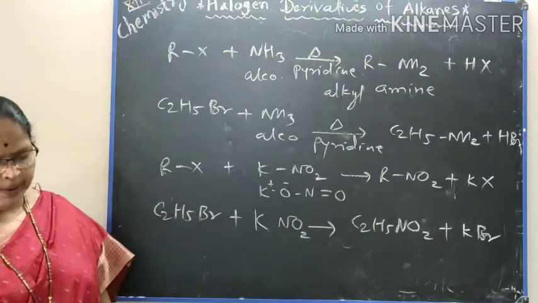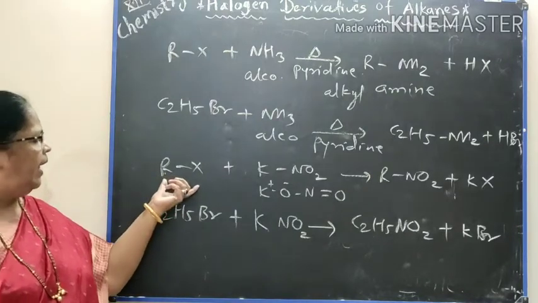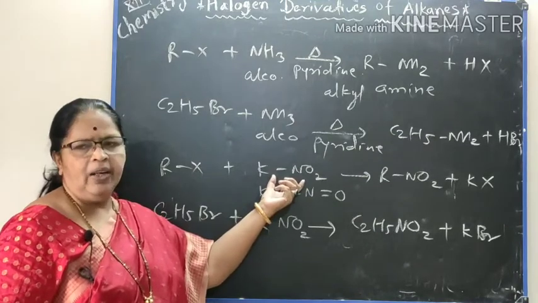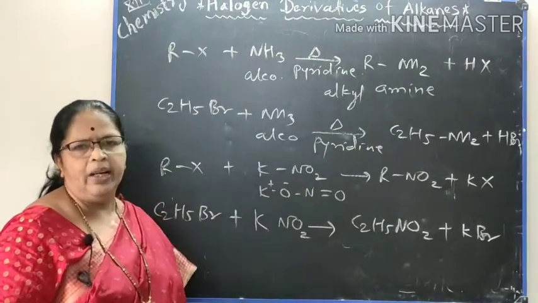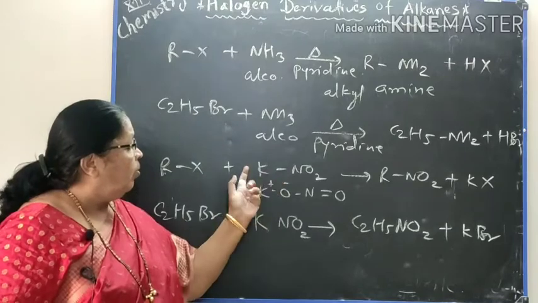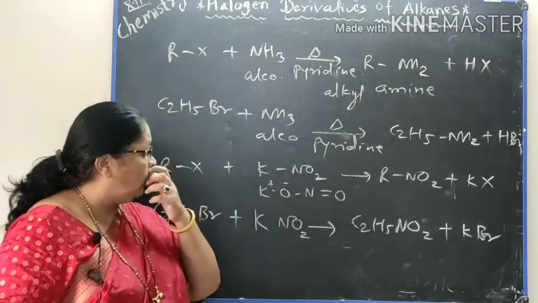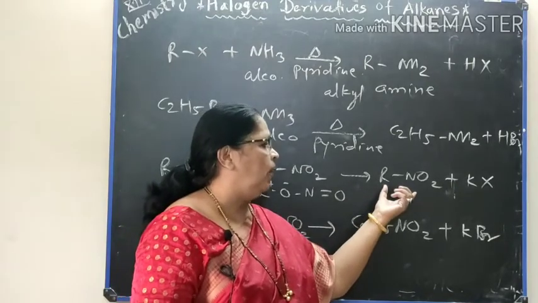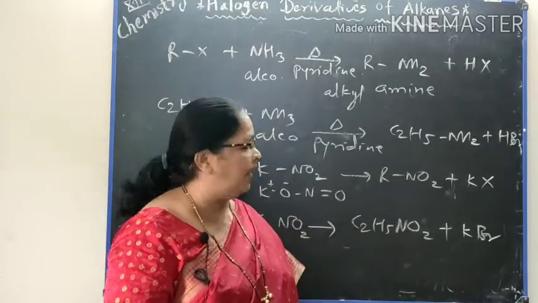How is it prepared? That is, alkyl halide is treated with potassium nitrite, KNO2. So potassium nitrite gives RNO2, alkyl nitrite, with potassium halide.